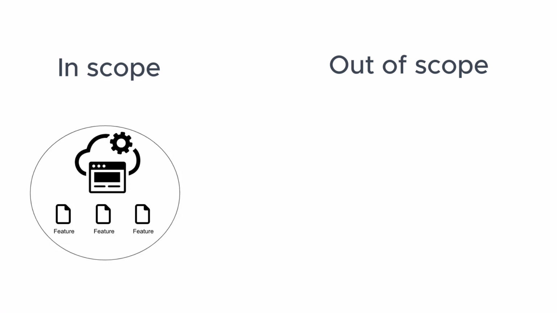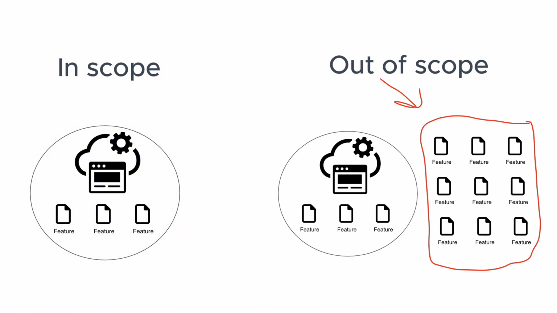Now we are coming up to two more terms, like in scope and out of scope. They sound pretty self-explanatory. In scope describes a piece of work that is included in the current scope of work, and out of scope describes what's not. These two terms are very helpful in practice.